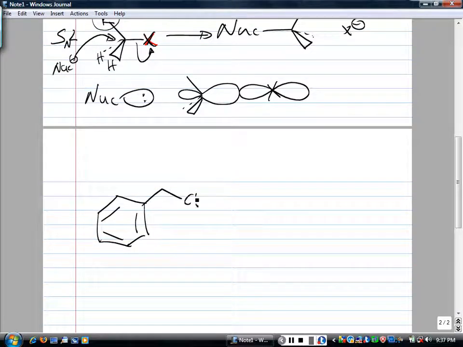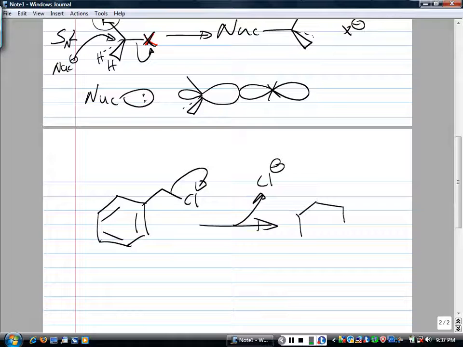That will readily undergo an SN1 reaction, because if I lose the chloride, what I give rise to is the wonderfully resonance stabilized benzyl cation.